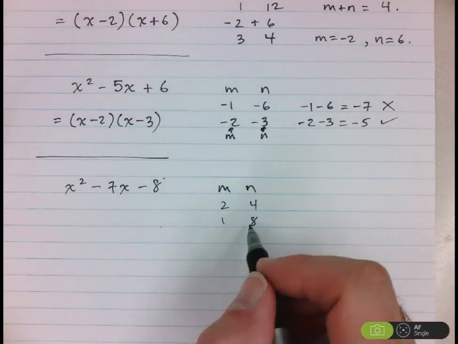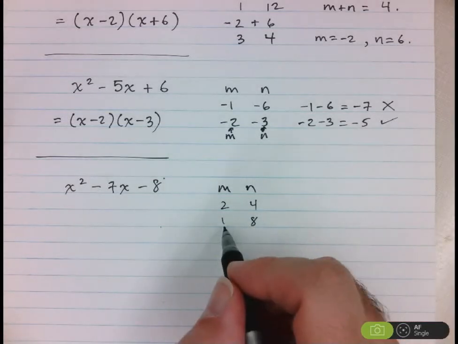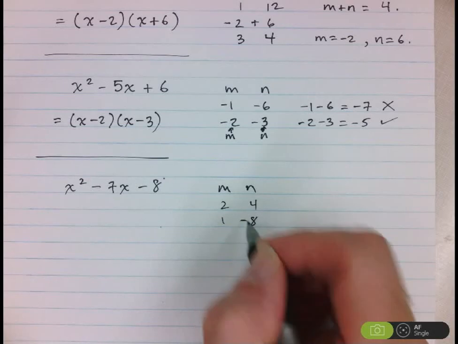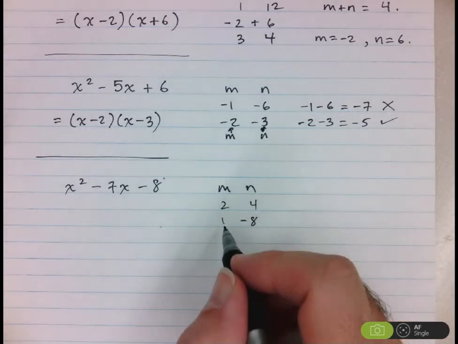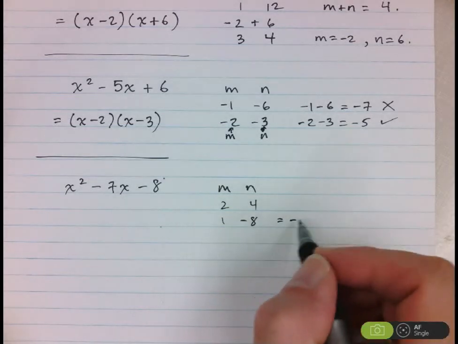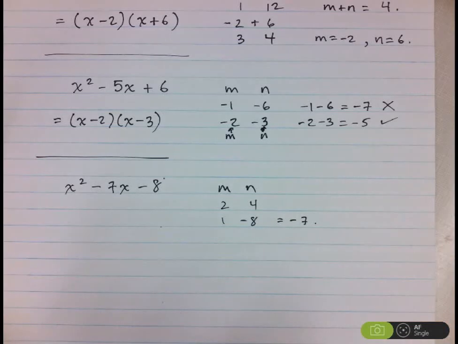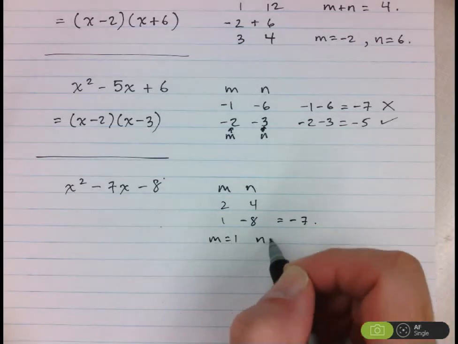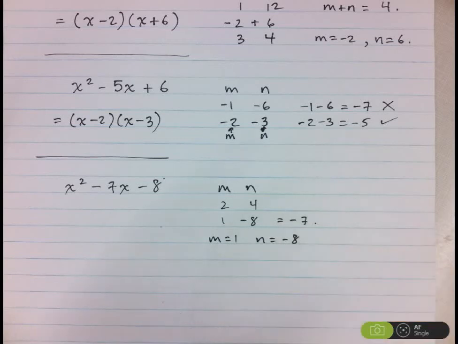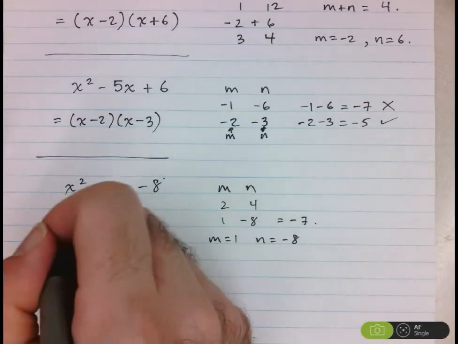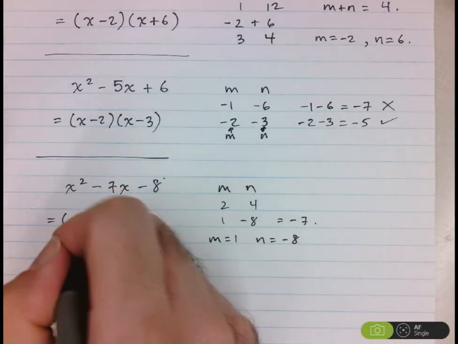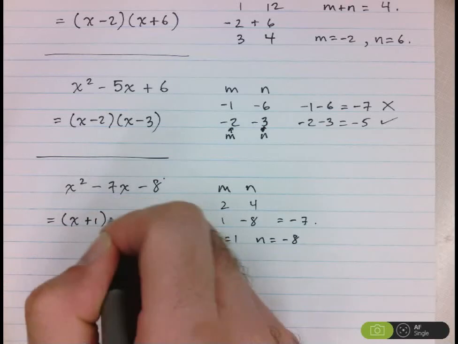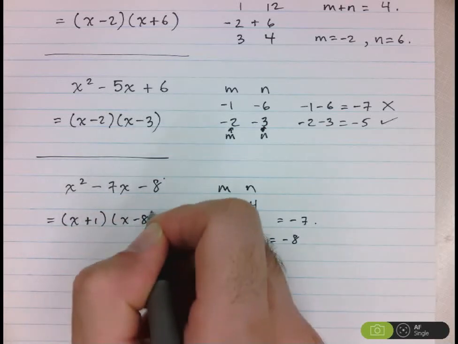Then I realize, well, if I take 1 and I add negative 8, in other words 1 minus 8, well, 1 minus 8 is negative 7. So there we go. We have our numbers. m would be equal to 1, n would be equal to negative 8. Right? So our factorization here would be x plus 1, x minus 8.